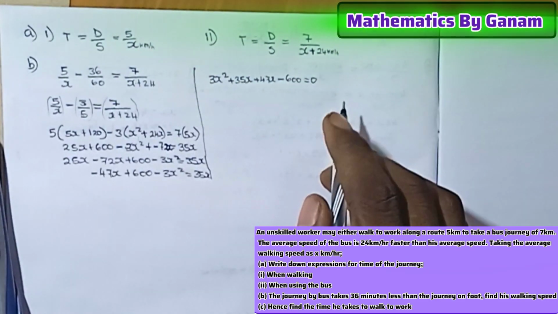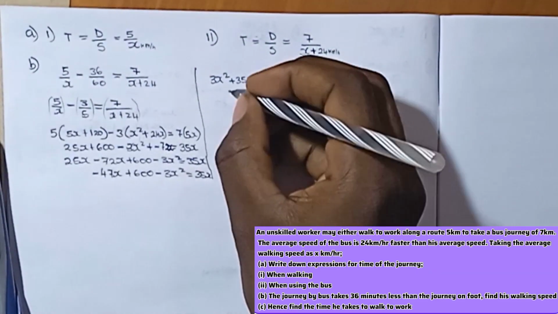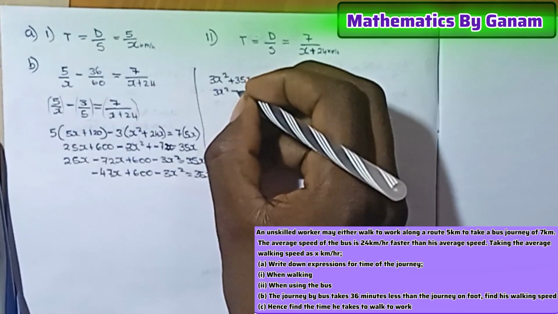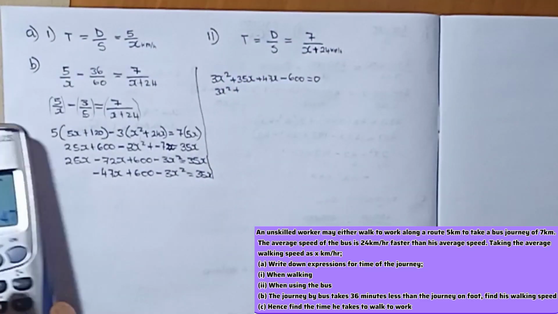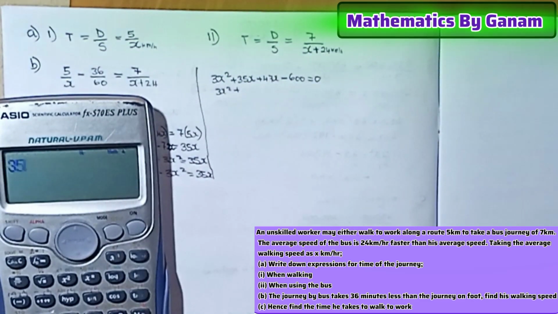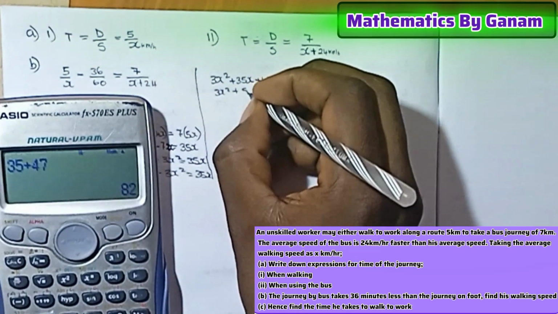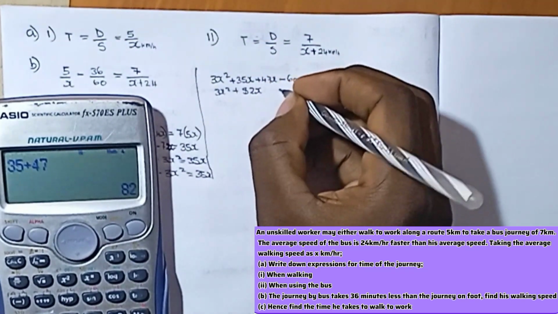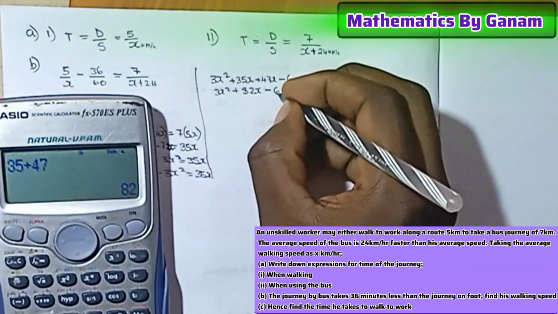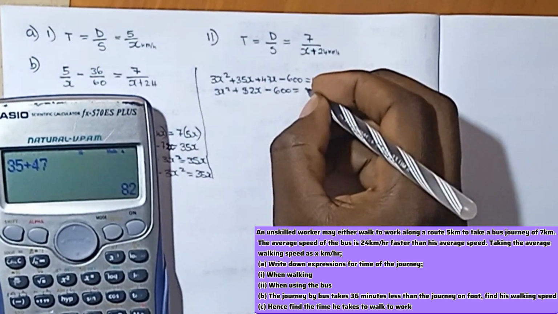So putting this together, we're going to have 3x squared plus 35 plus 47. We're going to have 82x minus 600 is equal to 0.